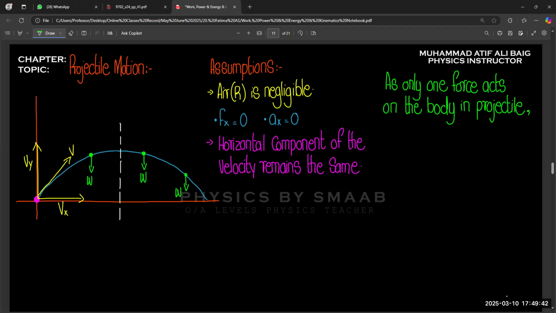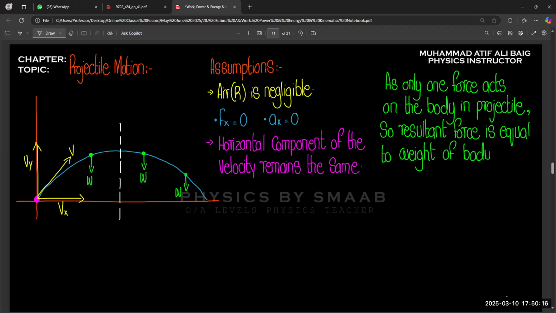So there is a resultant force which is equal to the weight of the body. Horizontal component remains the same.